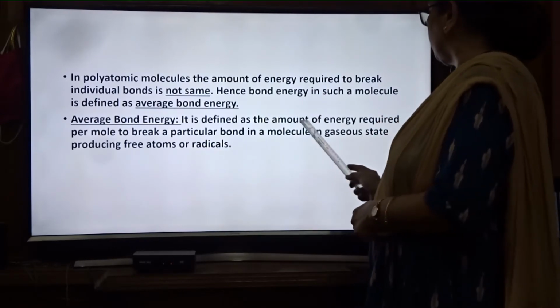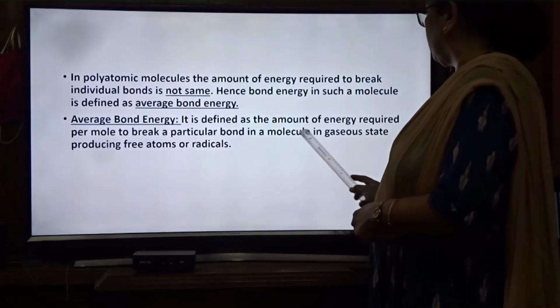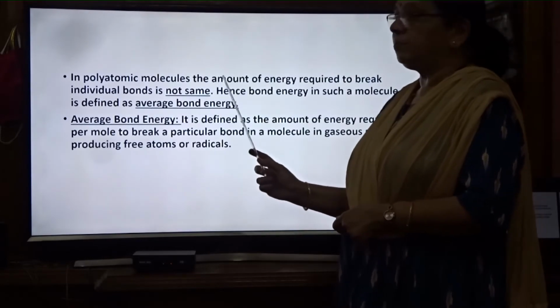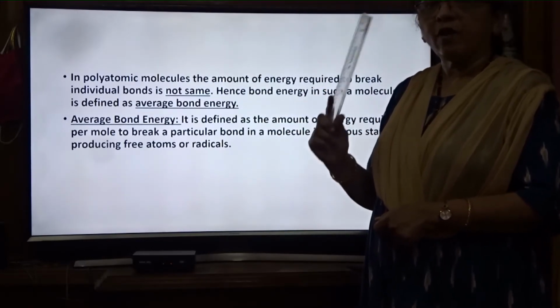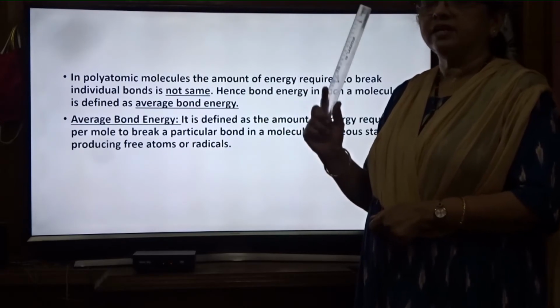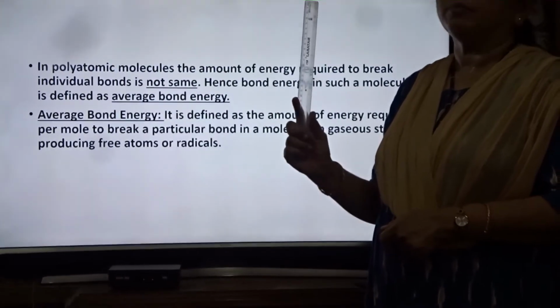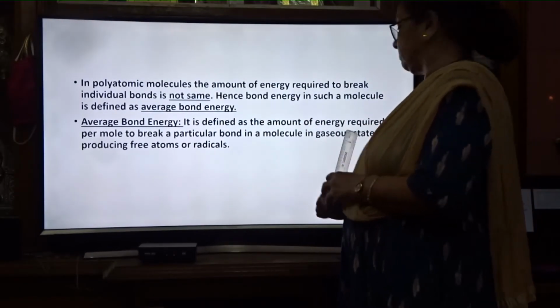It is defined as the amount of energy required per mole to break a particular bond in a molecule in gaseous state, producing free atoms or radicals. Each bond break has its own energy, and we take the average of all of them. I have given an example in the next slide showing how to calculate the average bond energy.